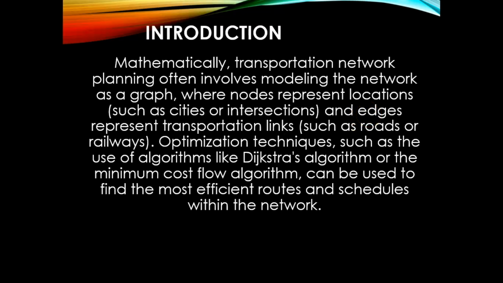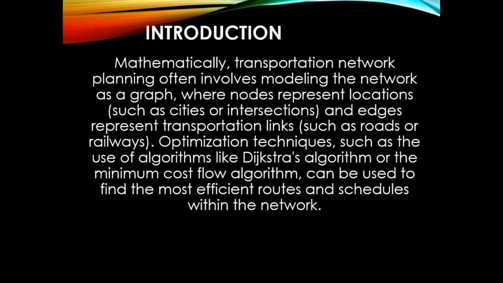Here we said that mathematically, transportation network planning is more like a model which is represented in the form of a graph, that we're going to be looking at in the later part of the lecture, where nodes represent the locations. We said a node is just a point or a location, such as cities and intersections, and we have what we call the edges. If we don't want to call them edges, they can also be called ties, links, or relations.